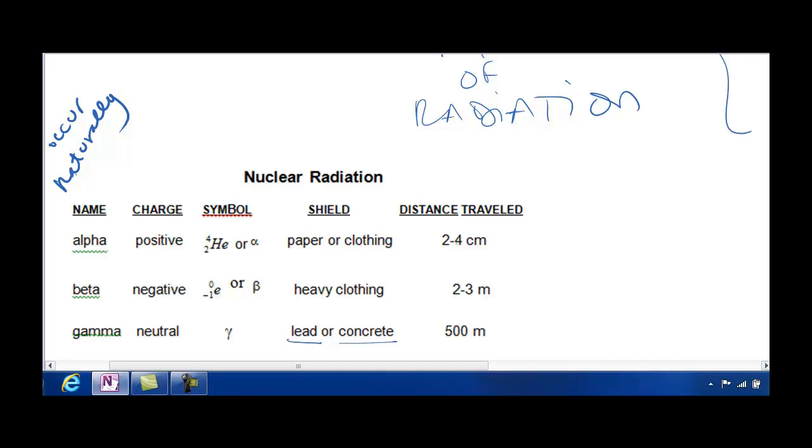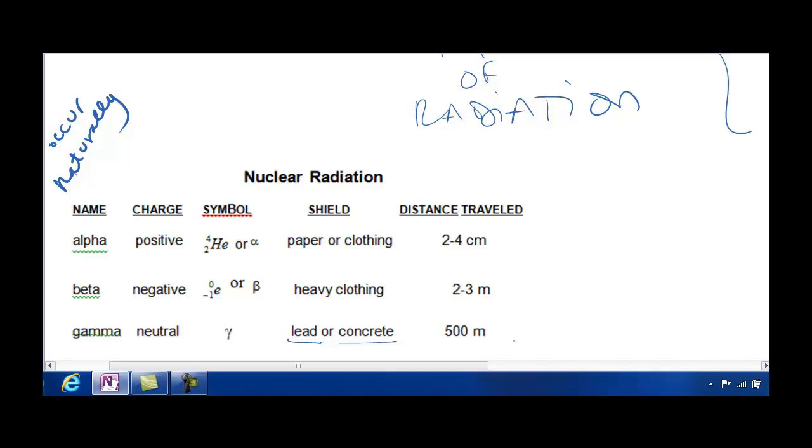So this is 2 to 4 centimeters, alpha. This is 2 to 3 meters, so it's 100 times more penetrating. But this is, again, a factor of 200, 300 more than the beta. Those are the 3 types of radiation that we will consider today.